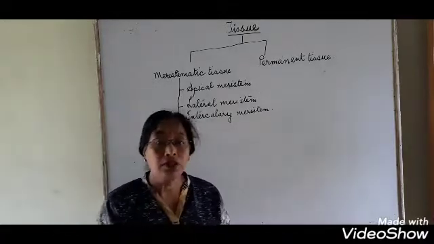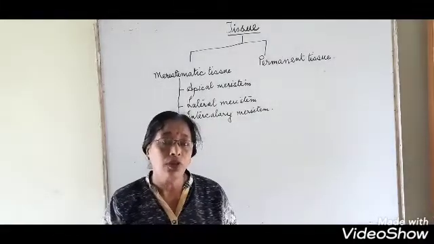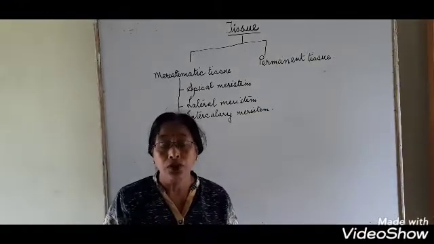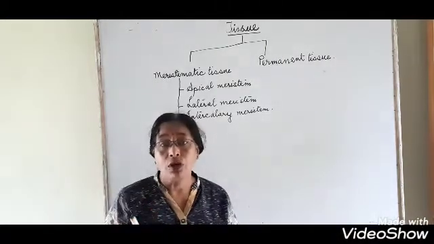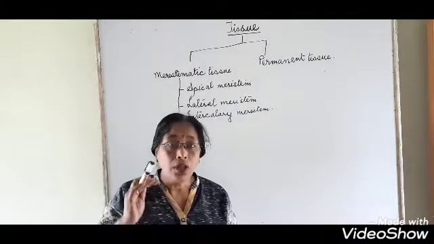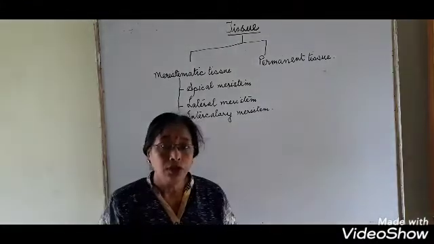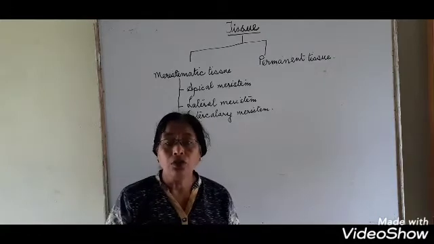So, as discussed earlier, meristematic tissue is also known as the growth tissue. Why? Because they are present in the growth region of the plant. They are present either in the shoot or in the root system.